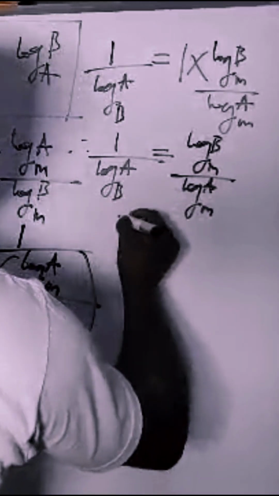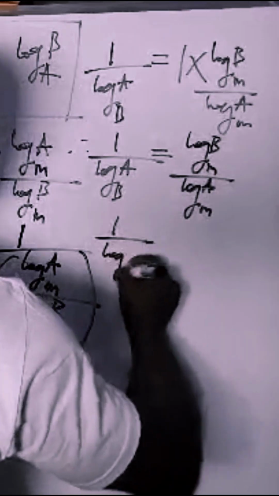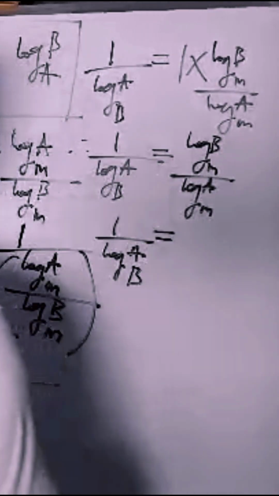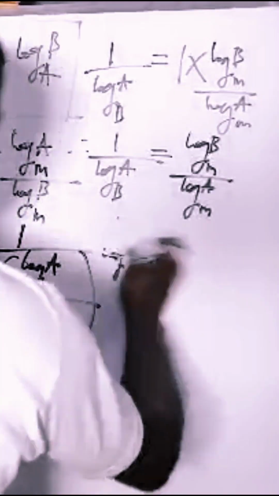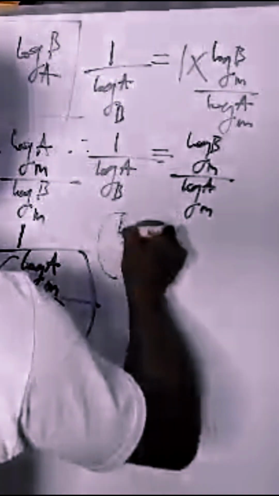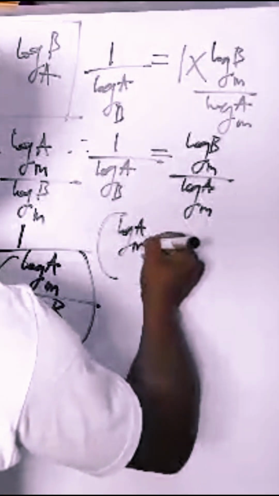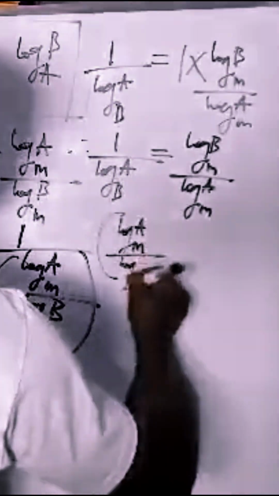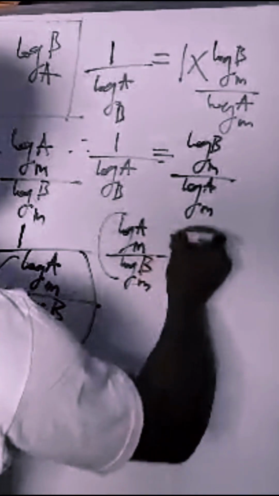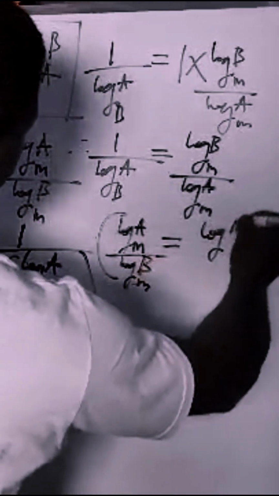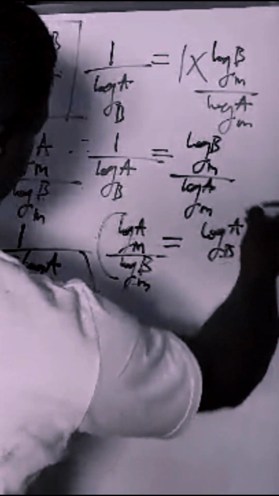So that is as good as 1 over the log of a to base b is equal to, don't forget, or recall, the log of a to base m divided by the log of b to base m. I've been able to prove this to be equal to the log of a to base b.